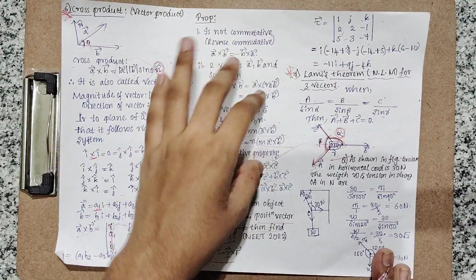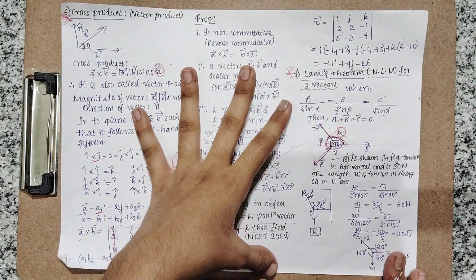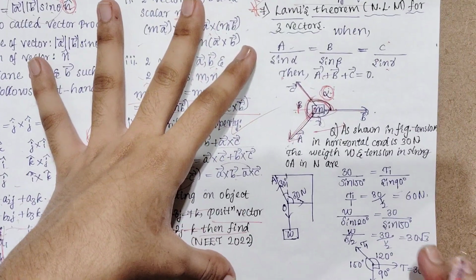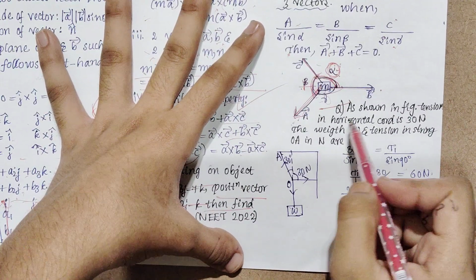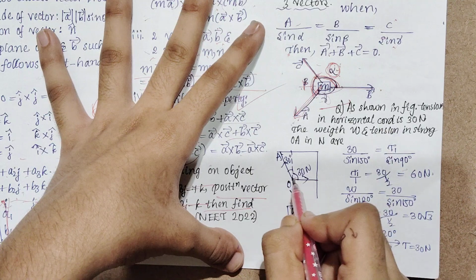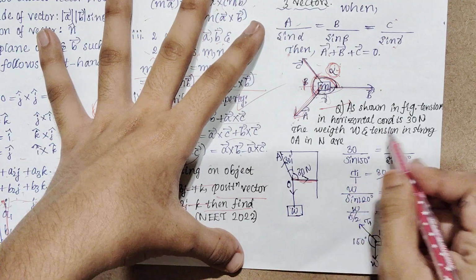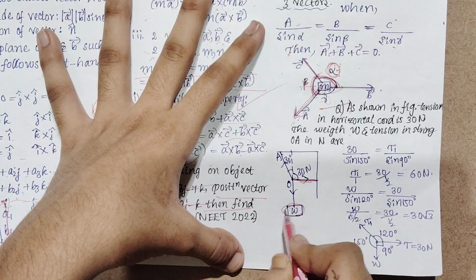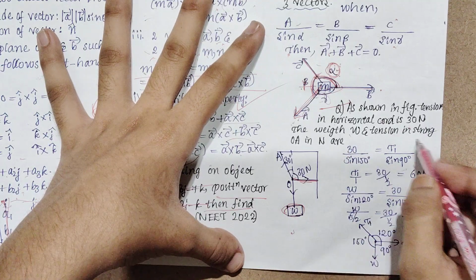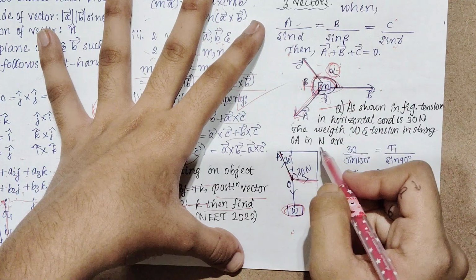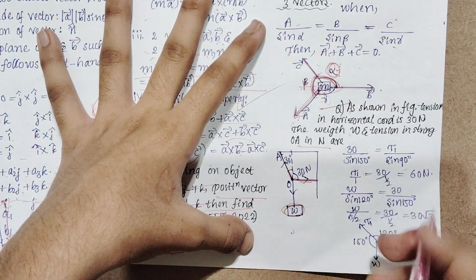Now here we have a question based on Lami's theorem. Let us go through this question. As shown in the figure, the tension in the horizontal cord is 30 Newton. The weight W of this block, and the tension in the string OA in Newton, are to be found.